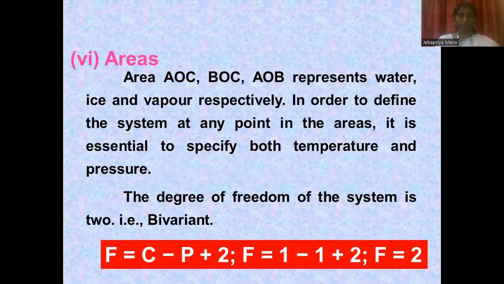There is no equilibrium between phases there, only one phase is present. So we need both temperature as well as pressure. Only then can we explain the particular system there.